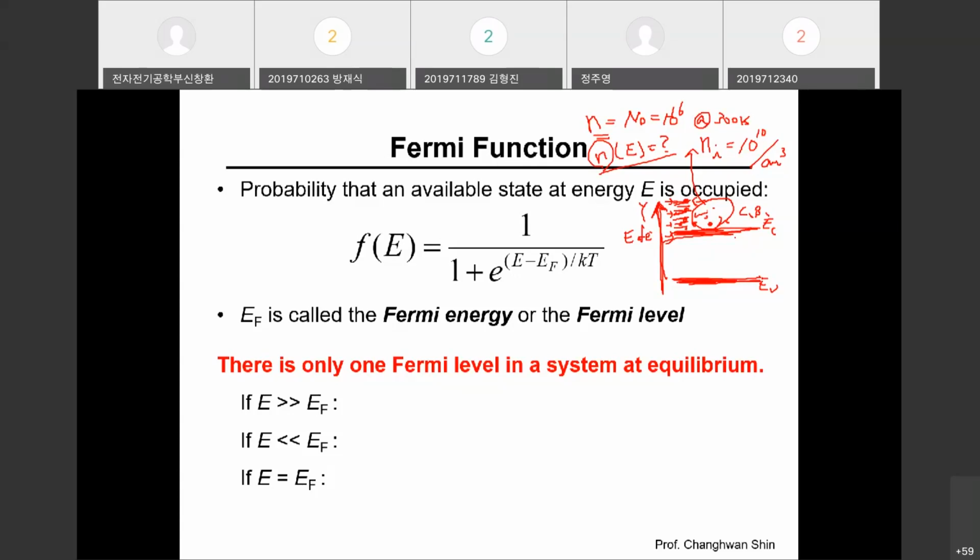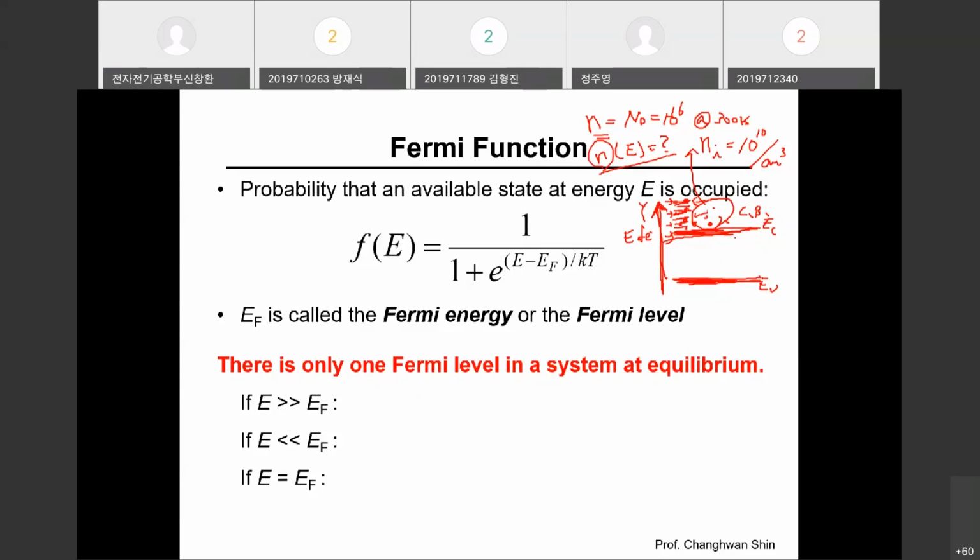Since each audience member has his or her own ticket, a designated seat, he will take it. What happens in the conduction band as well? There are 10 billion electrons, 10 billion people available in the conduction band. How are they seated? Definitely they should take each single energy state, and they will take it.